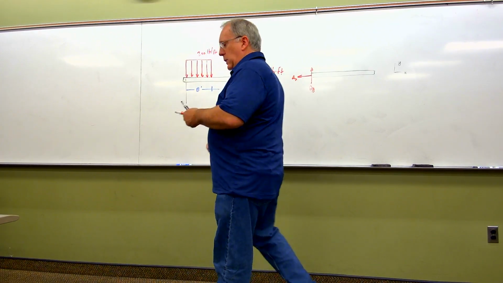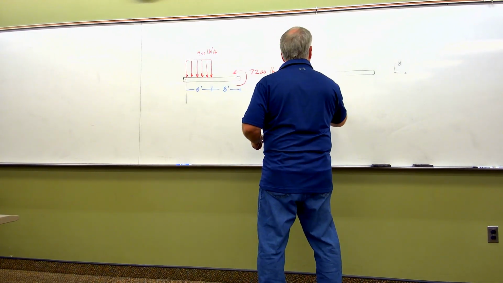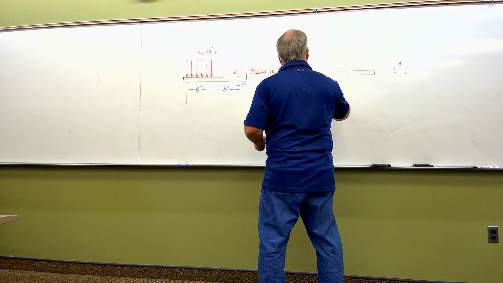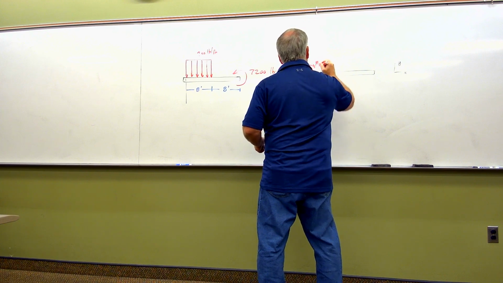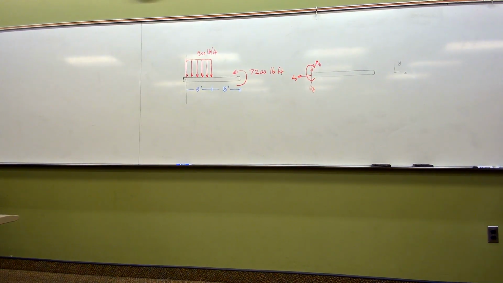Yes, you would. So we can assume there's going to be some sort of a moment there. We'll just draw that as some unknown moment, M sub A, for the moment about A. Those are the standard supports for a rigidly mounted, cantilevered beam, as we see right here.